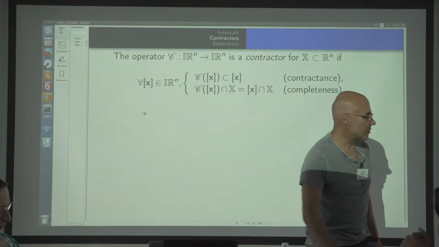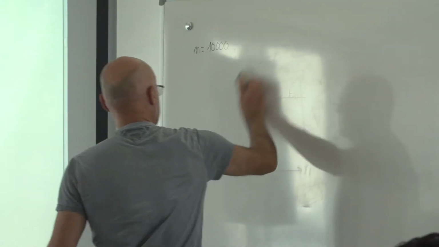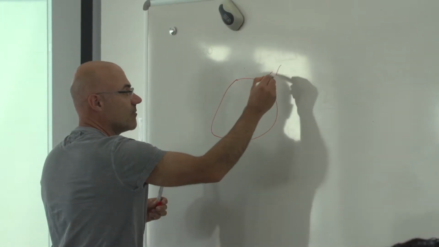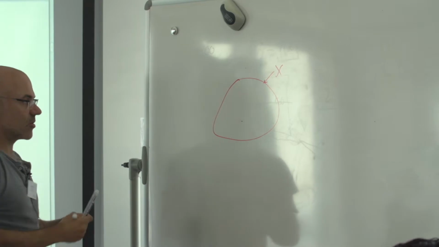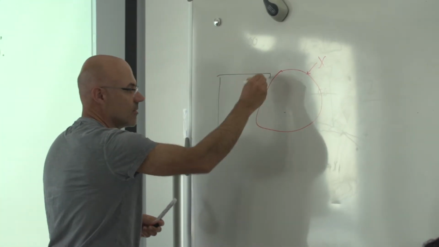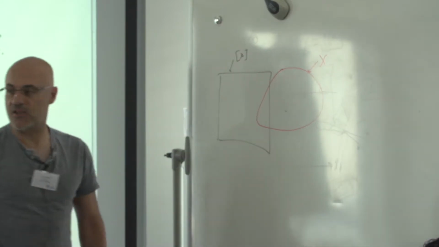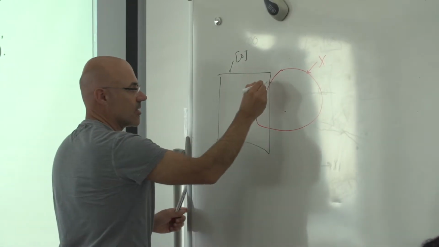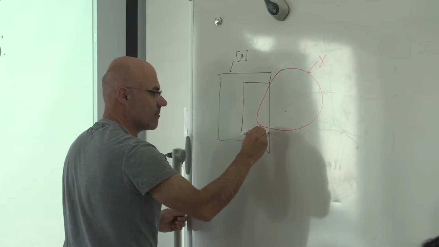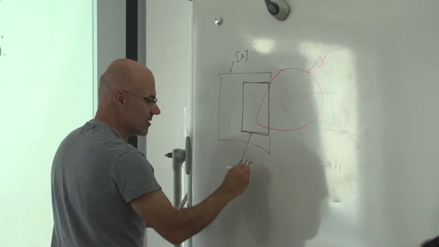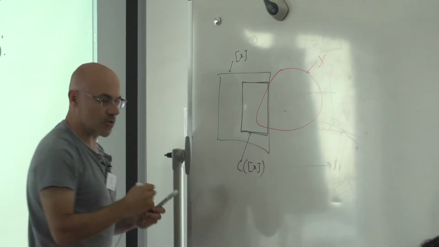So what is a contractor? I have a set like this. It is a solution set, so I represent it quite big, x. A contractor has an input, a box, let's say x. And it will contract this box, like this one, into this box. So it is C of x. C is a contractor.